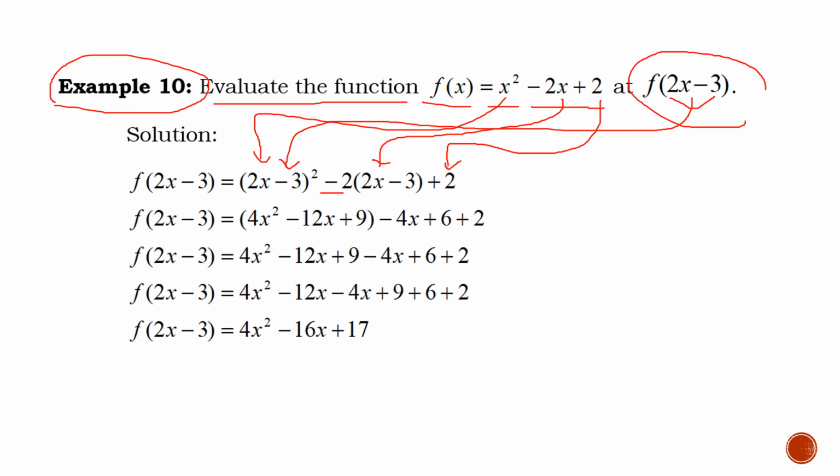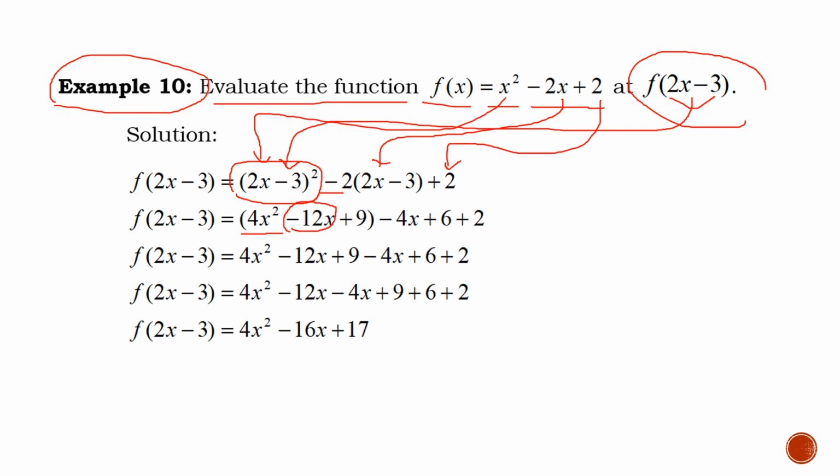So your f of 2x minus 3 now, we can simplify this portion by simply applying the special product. Your first term for your special product is the square of this 2x. That will be equal to 4x squared. Now, your middle term will be the resulting value of twice the product of your first and second term.